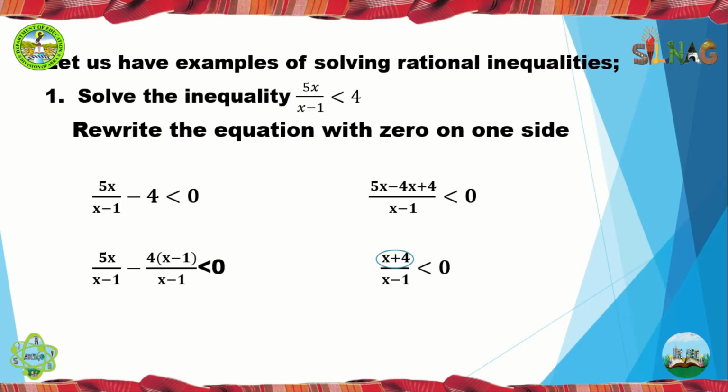If x plus 4 is equal to 0, then the value of x that will make the rational expression 0 is negative 4. Then we have also to find the value of x that will make the rational expression undefined. To do this, we have to use the denominator. We equate the denominator to 0. So if x minus 1 is equal to 0, then x is equal to 1.